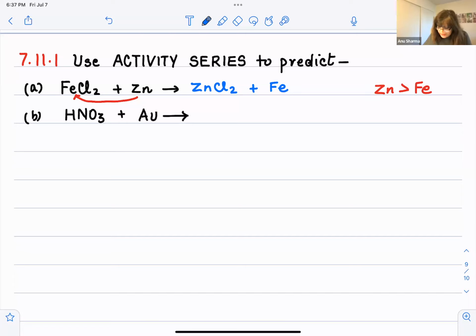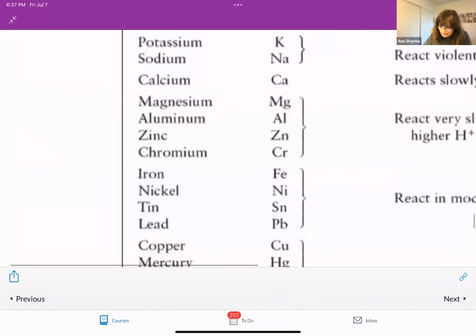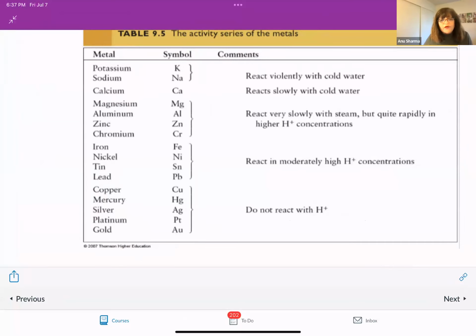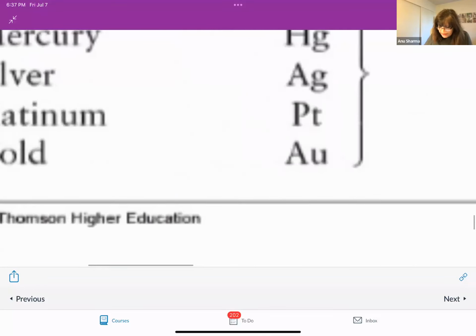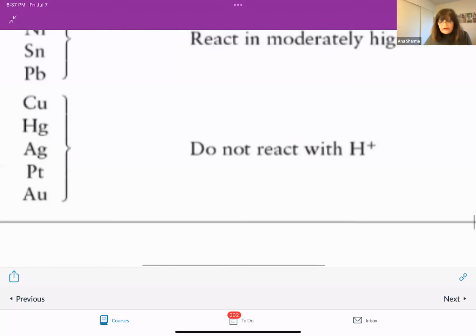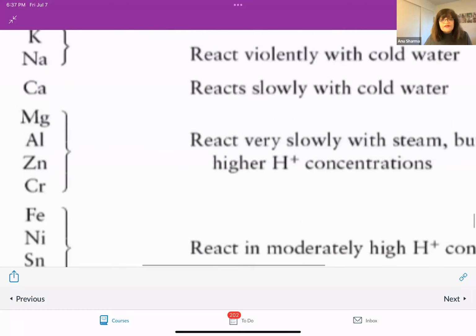But gold with nitric acid. So here is another piece. We talked about the displacement of the elements, the ones that are on the top to bottom, but the second thing is we're going to look at the reactivity with water or reactivity with the acids. So here's the gold, right? Gold is the lowest in the activity series, does not react with hydrogen ion. Hydrogen ions are coming from the acid. So this is the reaction with acid, all this reaction. And whenever it says hydrogen ion, that is the reaction with acid.